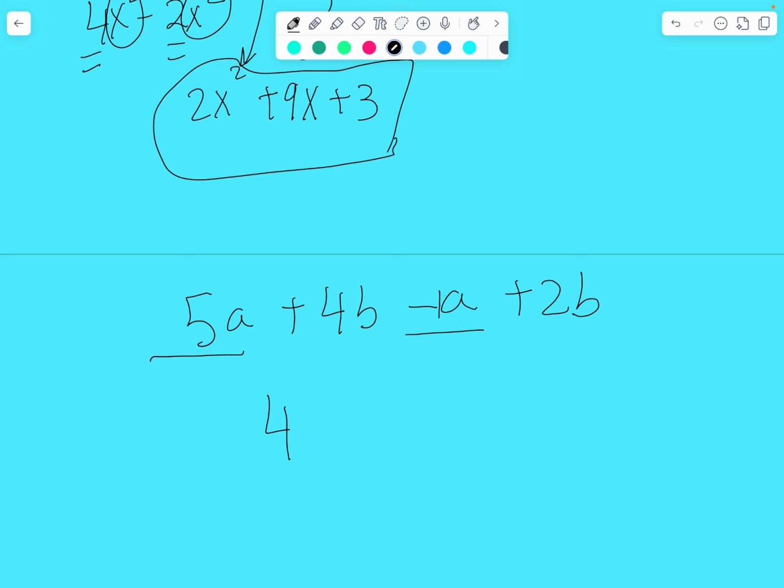So I'm just going to bring down the a. So 5a minus a is 4a. Simple as that. We have 4b plus 2b. And I know that it's a plus 2b because I see the positive sign in front of the 2b. So I have 4a plus 6b. And this would be the final answer.